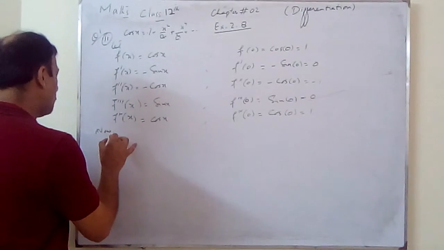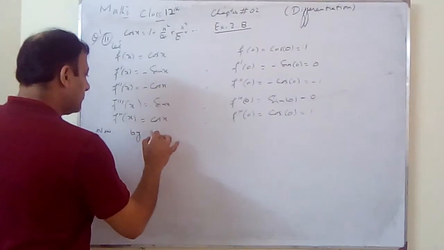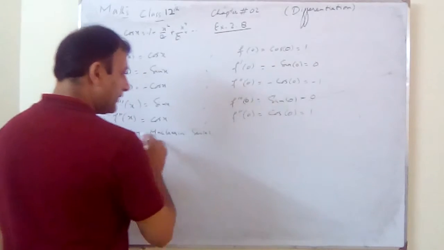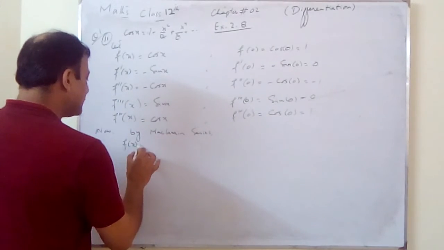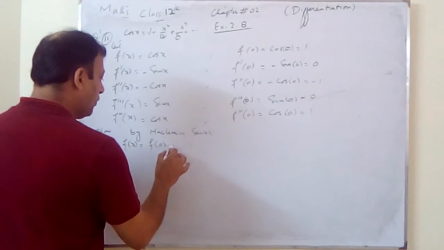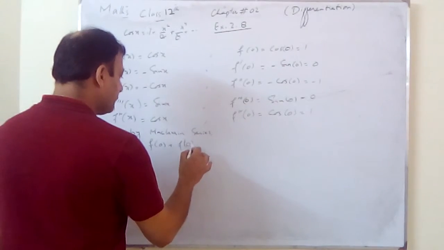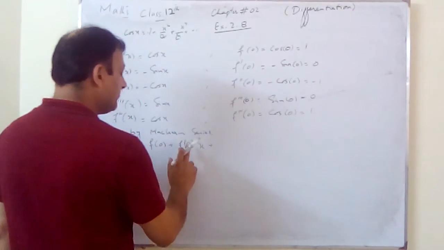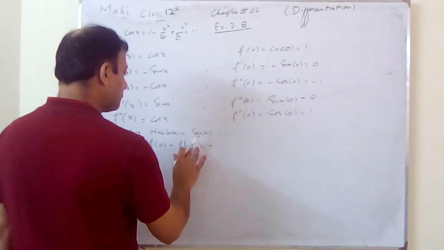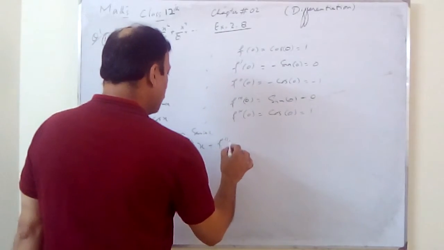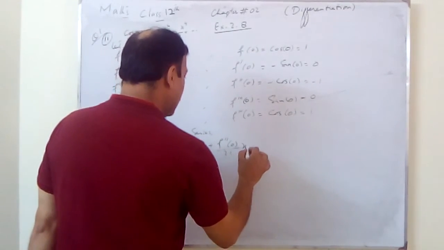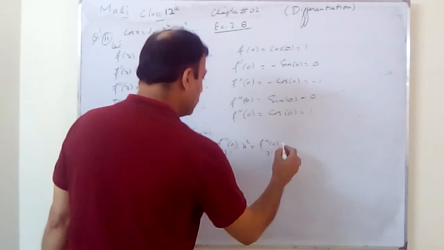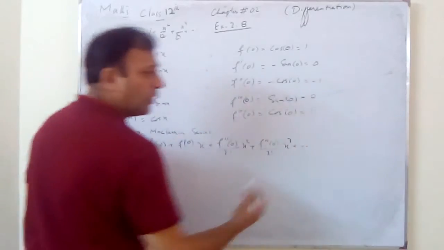Now by Maclaurin series we get f of x is equal to f of 0 plus f prime of 0 into x, plus f double prime of 0 divided by 2 factorial x square, plus f triple prime of 0 divided by 3 factorial x cube, and so on.